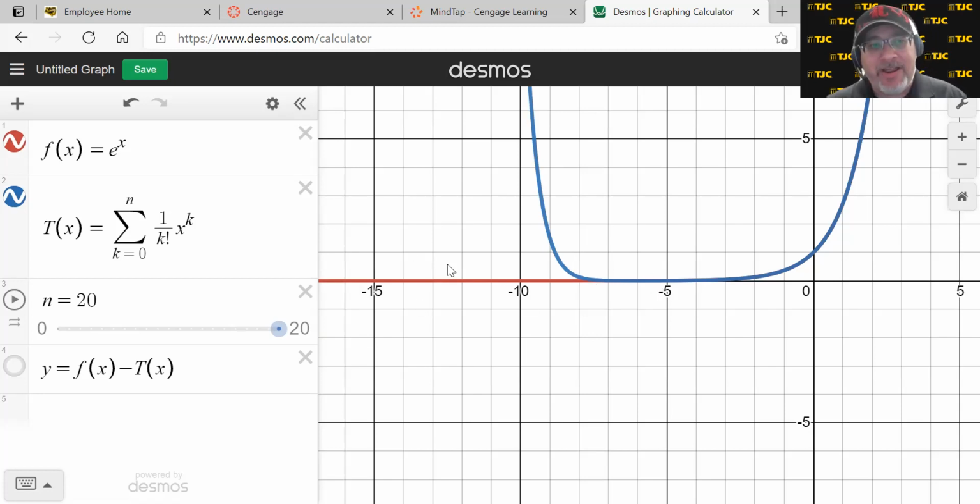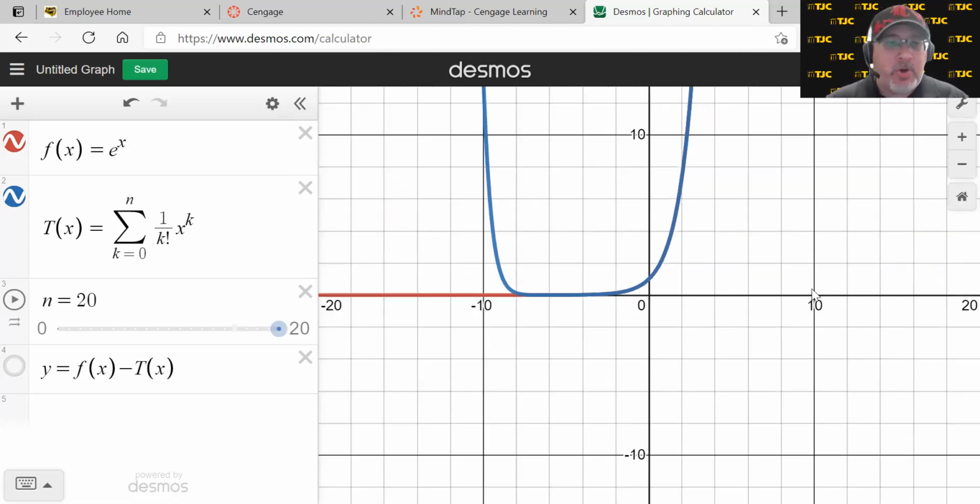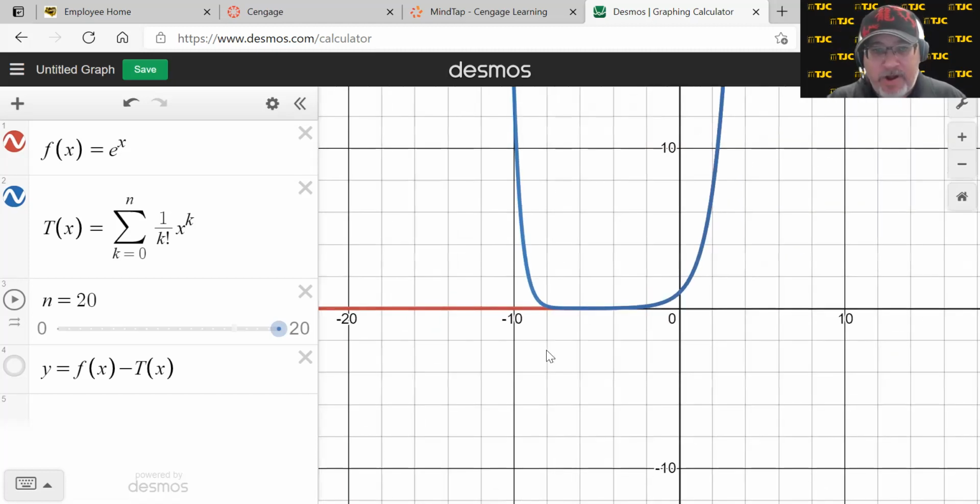However, if we were to raise the degree of the polynomial even higher, we would get closer and closer to the red graph on the left end. All right, so our Taylor polynomials are approximating e to the x when you stay close to the center, but our theory is that if we did this forever, the blue graph would eventually overlap the red graph as far out as we wanted it to.